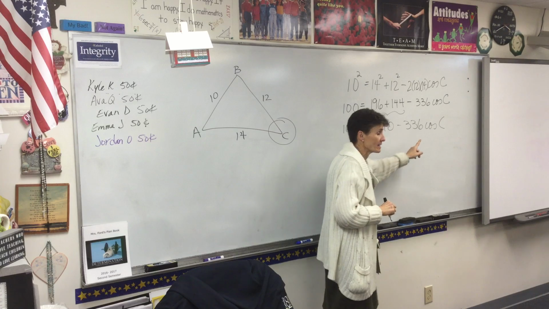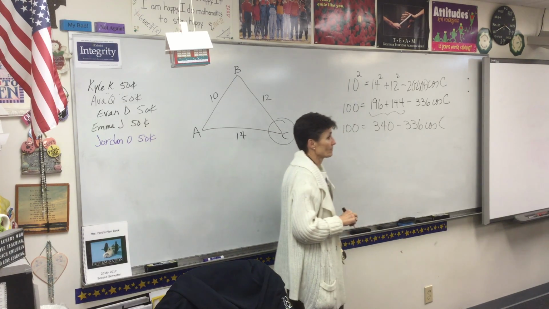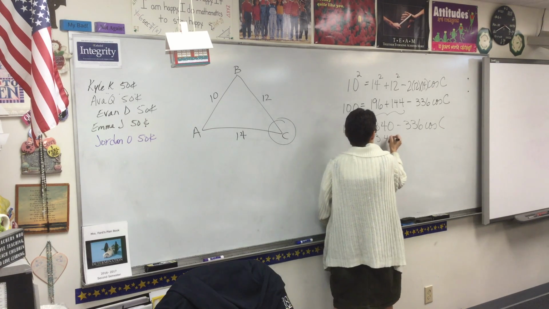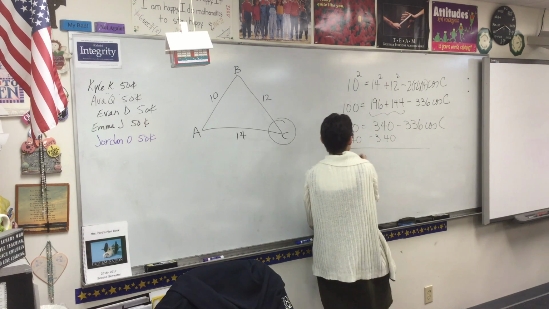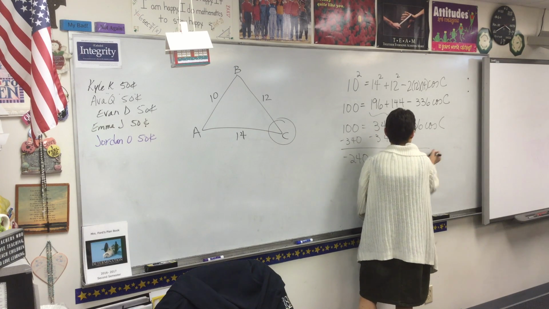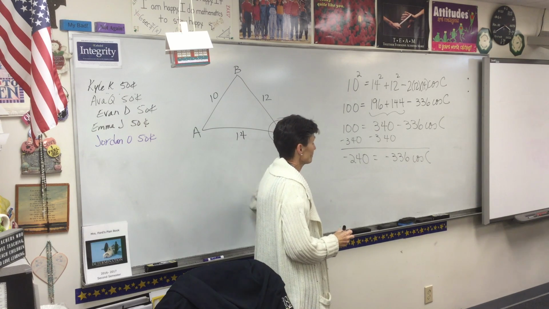Those are not like terms. Don't combine them. So what are we going to do? Subtract the 340. So negative 240 equals negative 336 cosine.